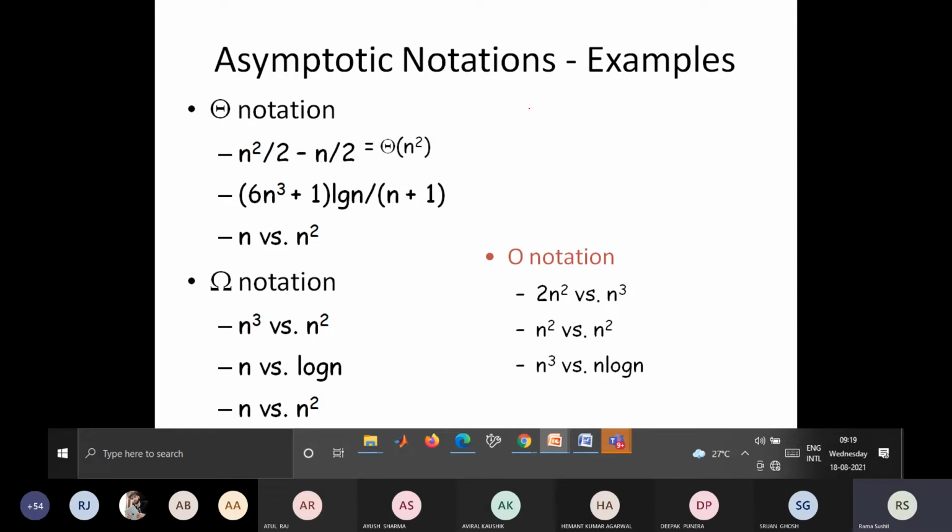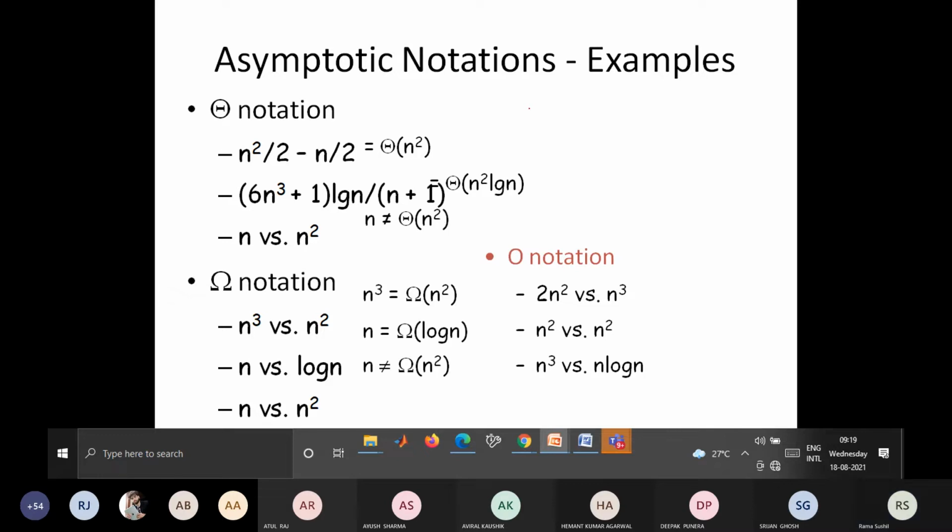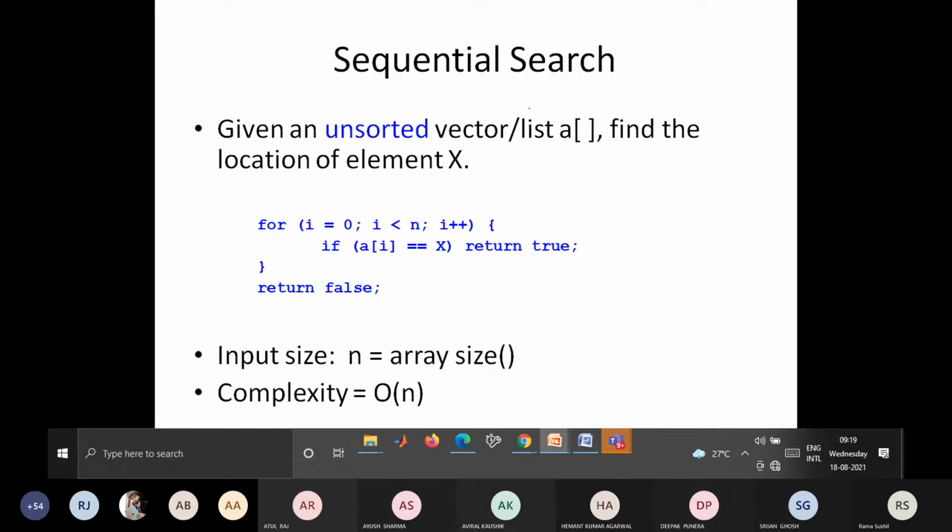Okay, like here, sequential search. This is about the loop, how many times a particular loop is running. If some partial code is given to you, how do you directly represent the complexity of that part?